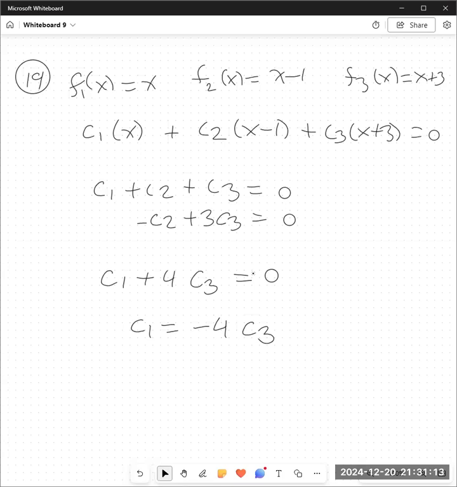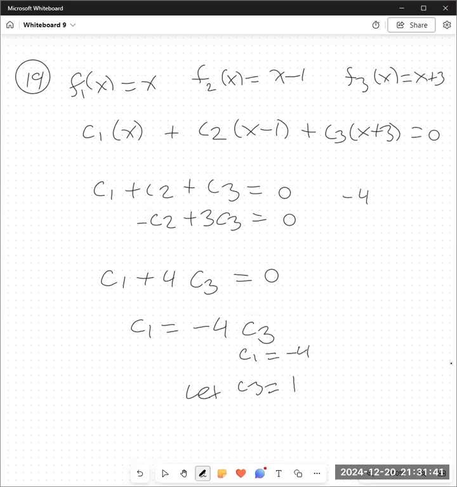So let's try that. Let's just stick a number in here. Let's let C3 equal 1. That means C1 is equal to -4.